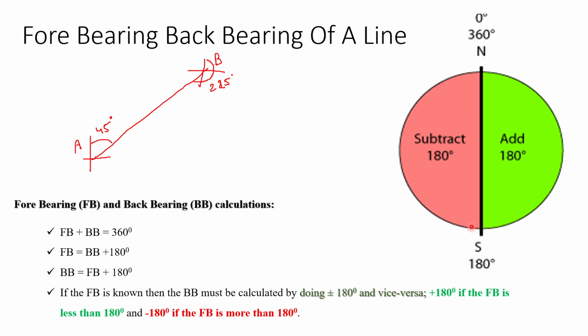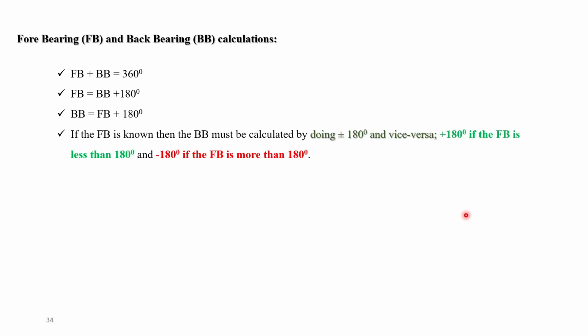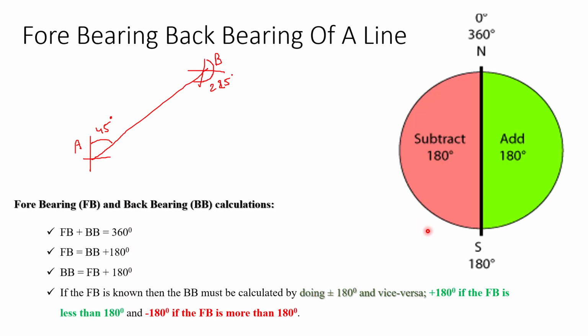But if the angle is more than 180, we will subtract 180 to find the back bearing. These are the formulas. Forward bearing minus back bearing is equal to 180 degrees. Forward bearing is equal to back bearing plus 180. Back bearing is equal to forward bearing plus 180.